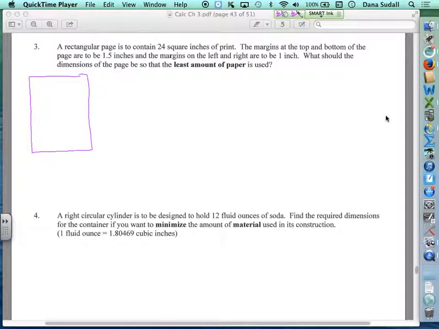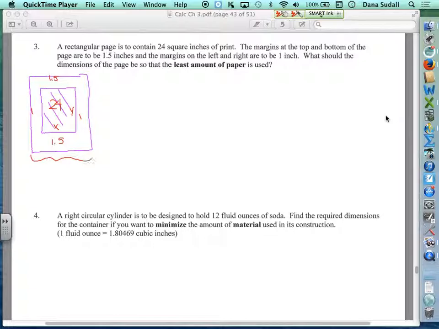It has 24 square inches of print. So inside here, 24 square inches of print. That's some length, that's some width. I don't know what it is. I do know that the margins at the top and the bottom are 1.5, and I know left and right they're 1.